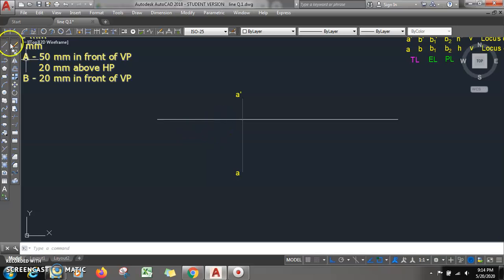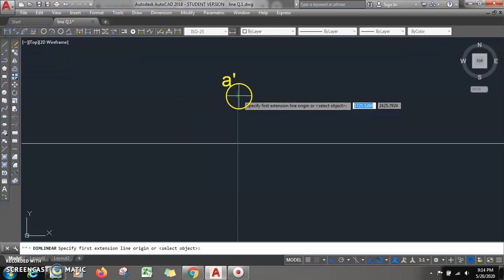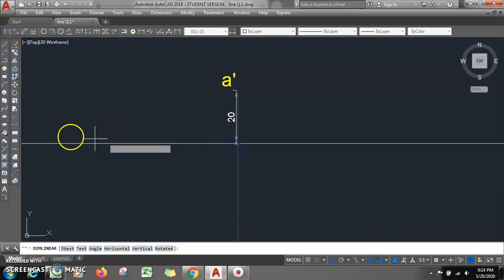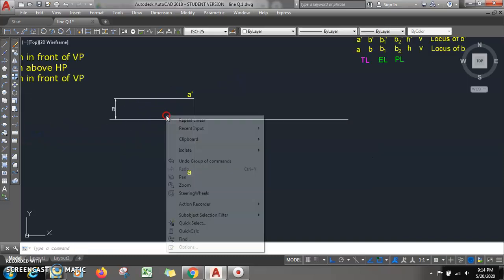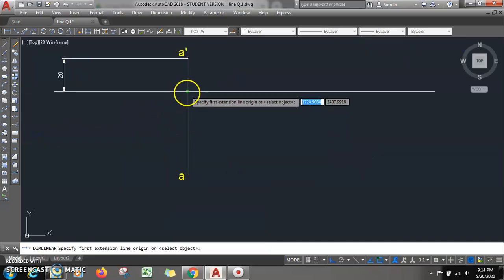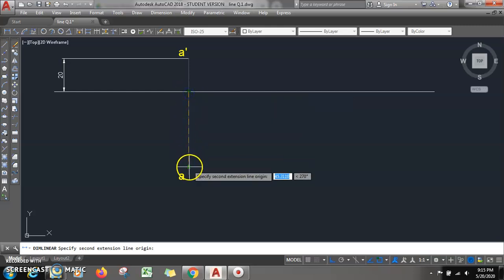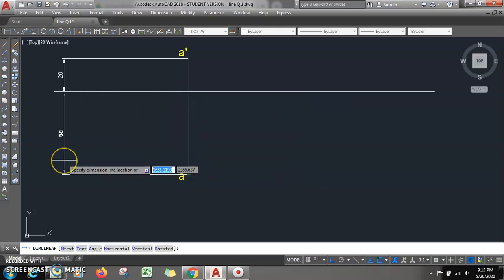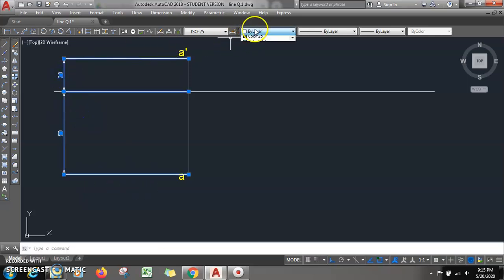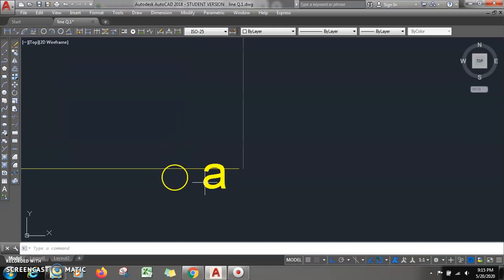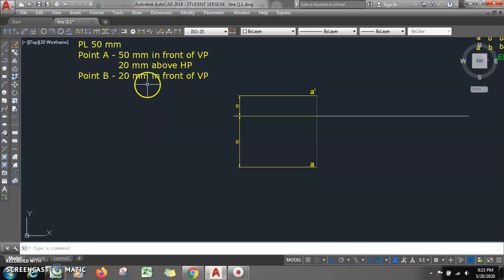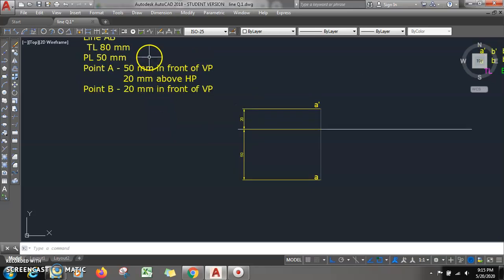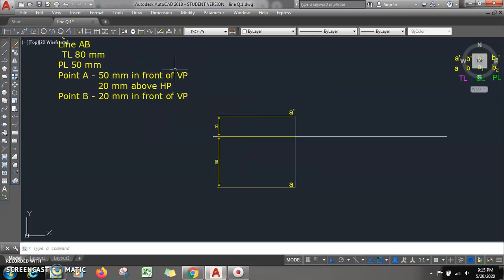The distances we were having: this is 20 mm, and this one is found to be 50 mm. I will show it in some different color. These are my projections, so this is point A. Now the positions of A dash and A are marked. Then we have plan length, which is found to be 50 mm.